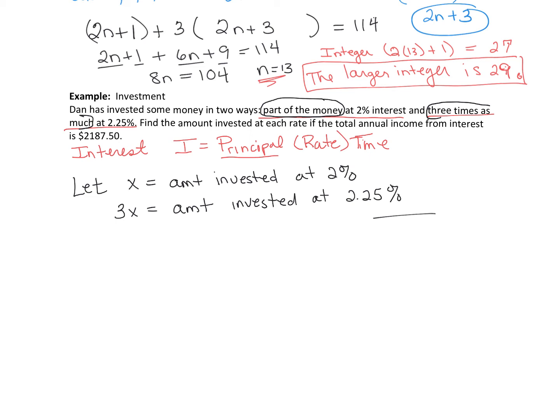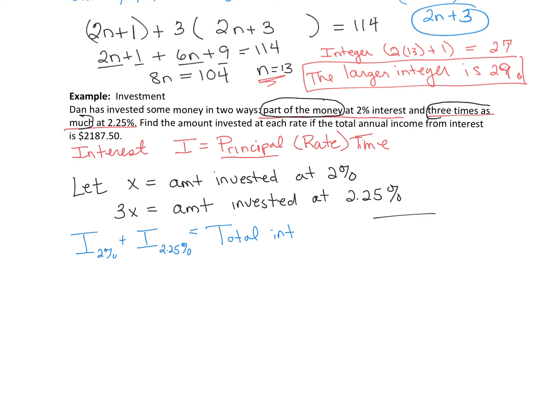So if I take the interest, just going to kind of sketch this out. If I take the interest from the 2% and I add it to the interest for the 2.25%, I will have my total interest. That's what's going on here. Just adding the interest from each one.